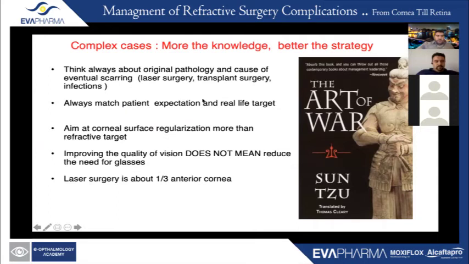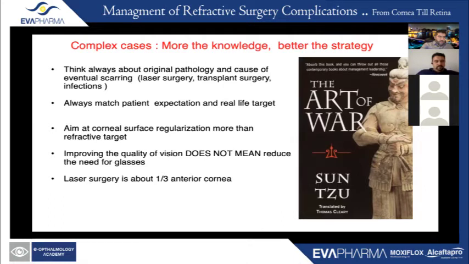So I will talk about complex cases, and as Cosimo said, the more the knowledge, the better the strategy. So you always have to think about the original pathology and the cause of a corneal scarring, that is the most common cause of a corneal refractive complication after PRK, but also after transplant surgery and also after infection. And you always have to match the patient expectation and the real-life target.